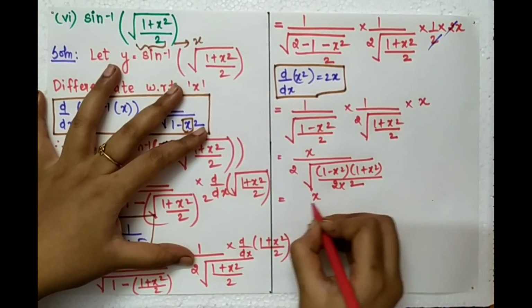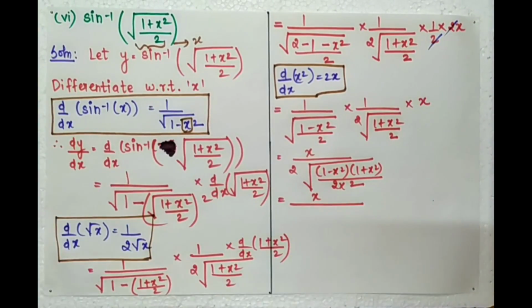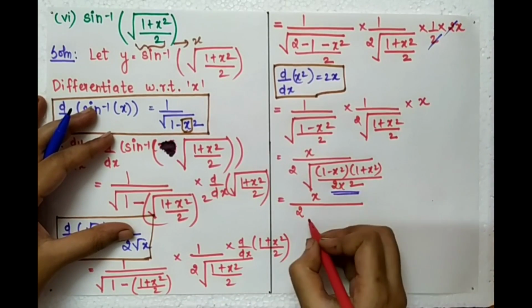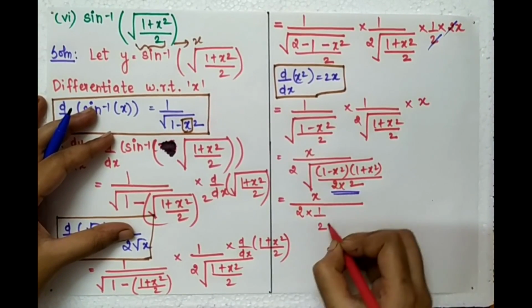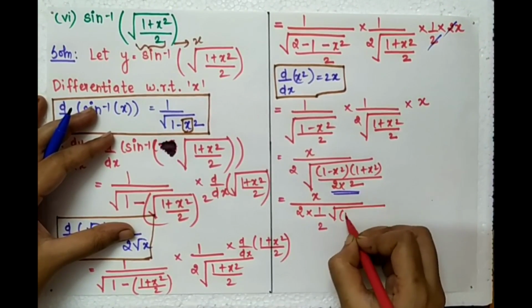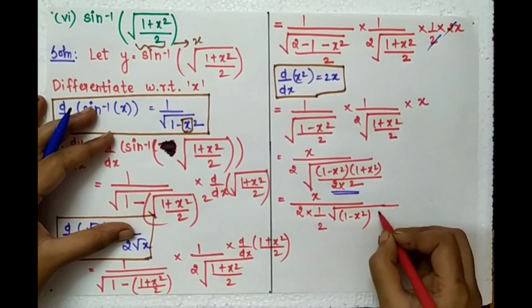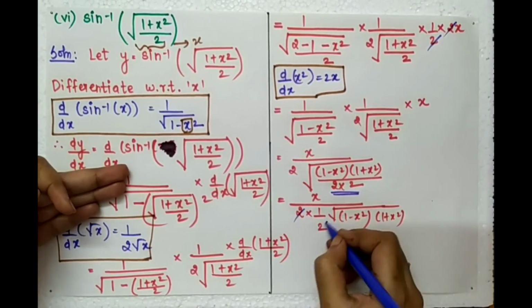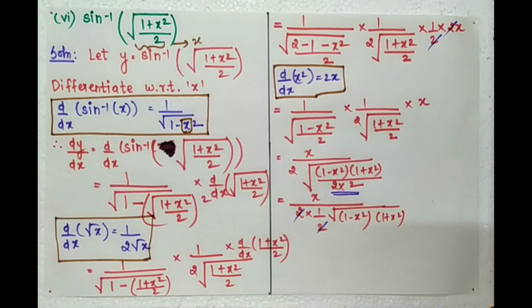So this is equal to x upon 2 into 1 by 2 root of 1 minus x square into 1 plus x square. So 2 and 2 get cancelled. Now we can multiply this. This is of the form a minus b into a plus b.